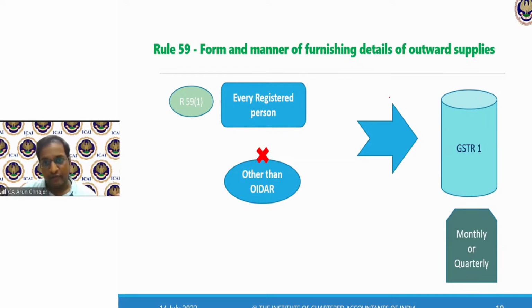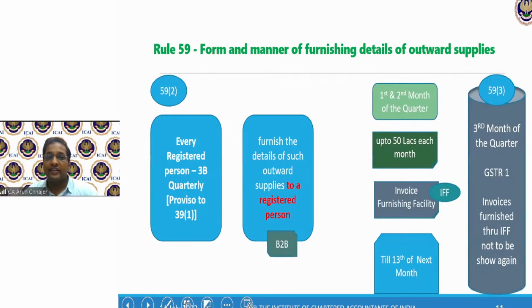Every registered person who is registered under the regular category has to furnish it, but other than OIDAR. OIDAR means Online Information Database Access Retrieval, which is your final syllabus and will be discussed in detail in the final. But OIDAR is not required to file the GSTR1. Now Rule 59 sub Rule 2.